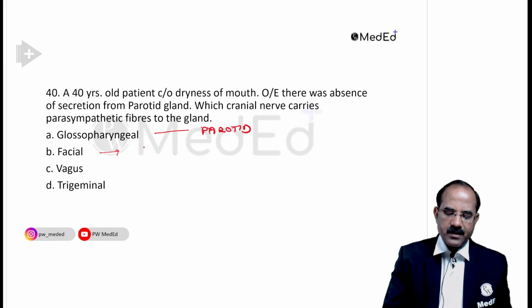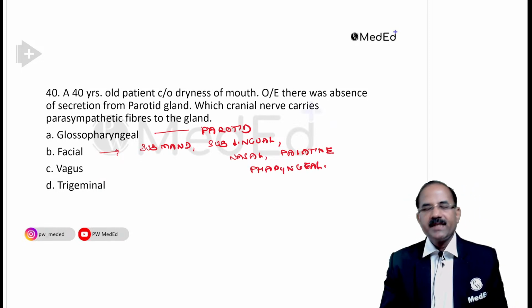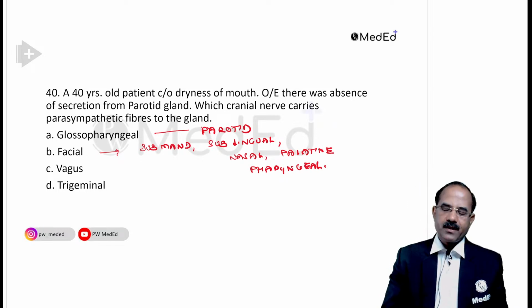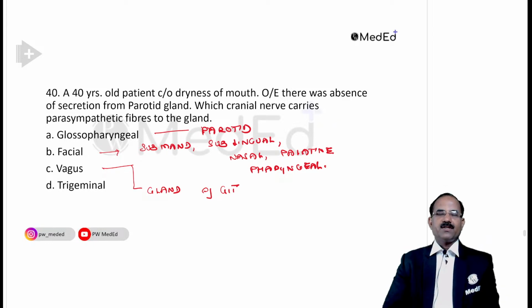The facial nerve supplies the submandibular gland, sublingual gland, nasal, palatine and pharyngeal glands. What does the vagus nerve supply? The glands of the GIT. That's supplied by the vagus.